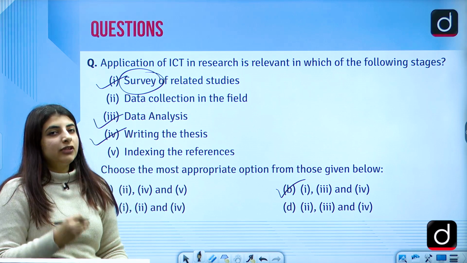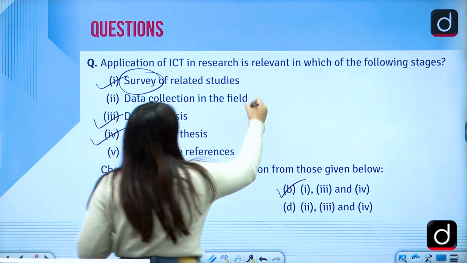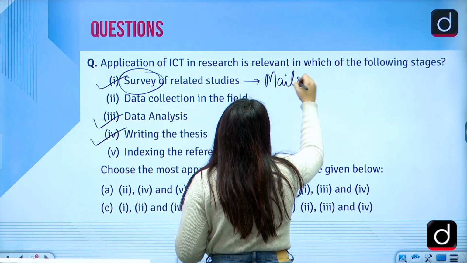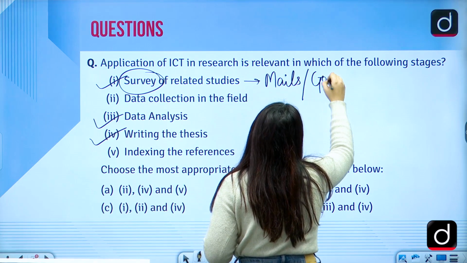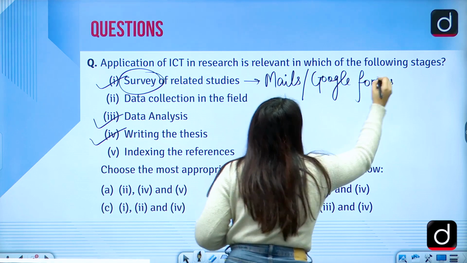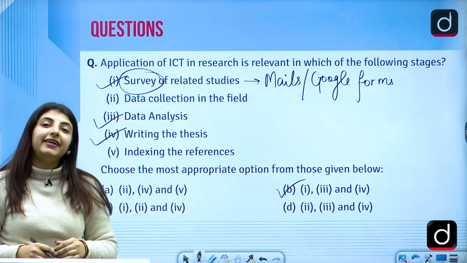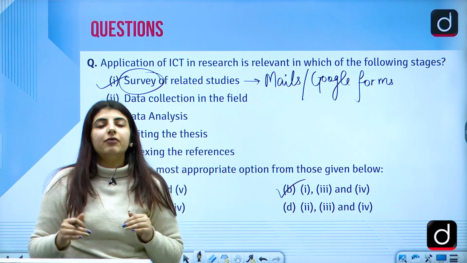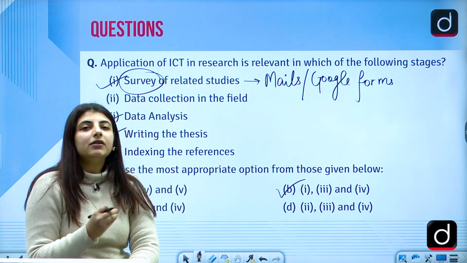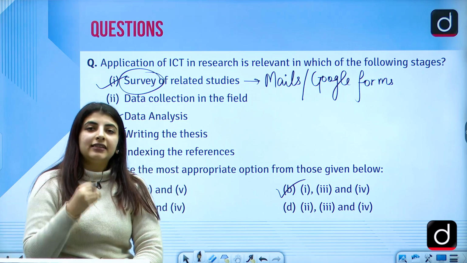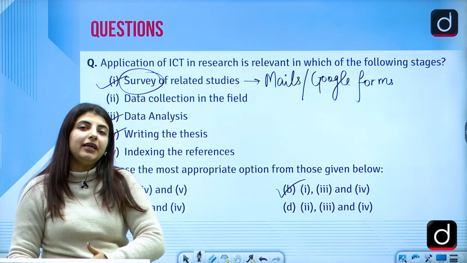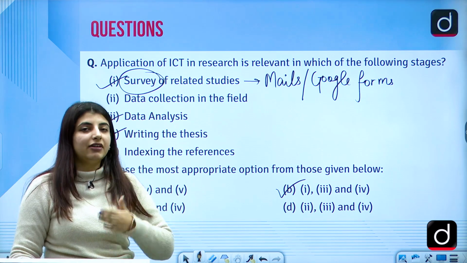But now, in today's time, we can collect data using mails, using Google Forms, etc. That can only be done through the usage of ICT. And what is ICT? Information and communication technology, anything and everything that comes under ICT: the internet, the web, the www pages, etc. We will be dealing with ICT in detail in some other lectures.